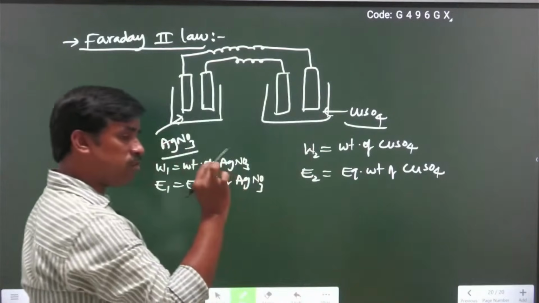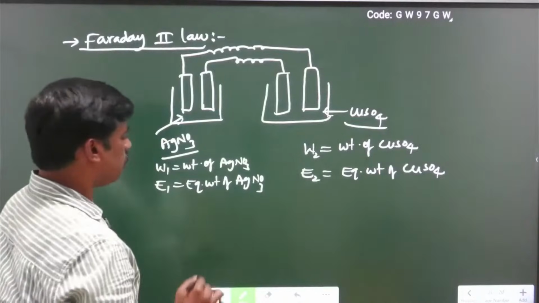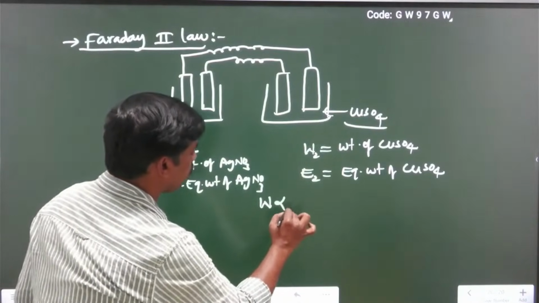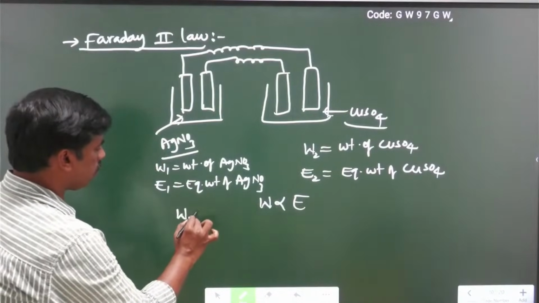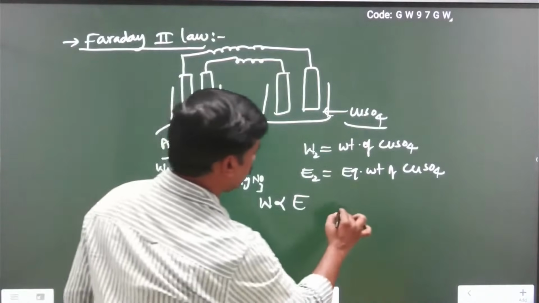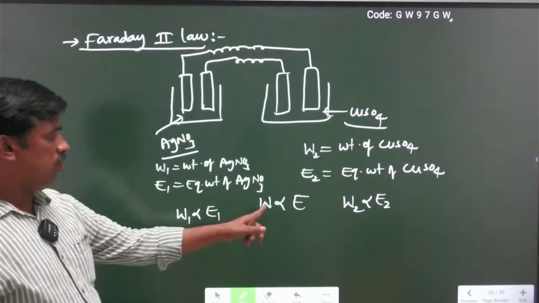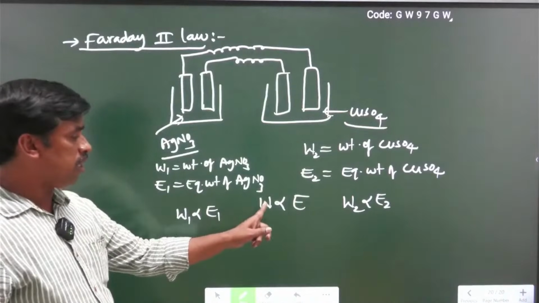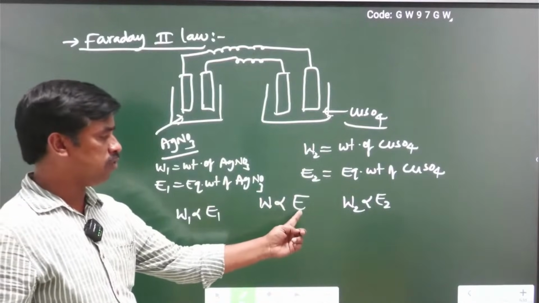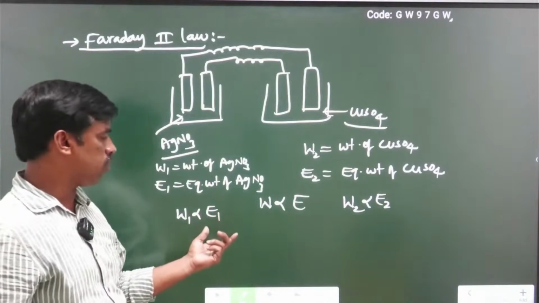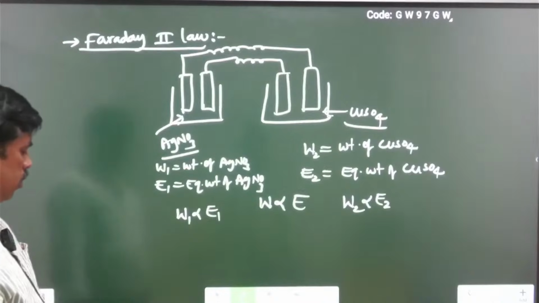According to the statement, W is directly proportional to E, which means W1 is directly proportional to E1, and W2 is directly proportional to E2.